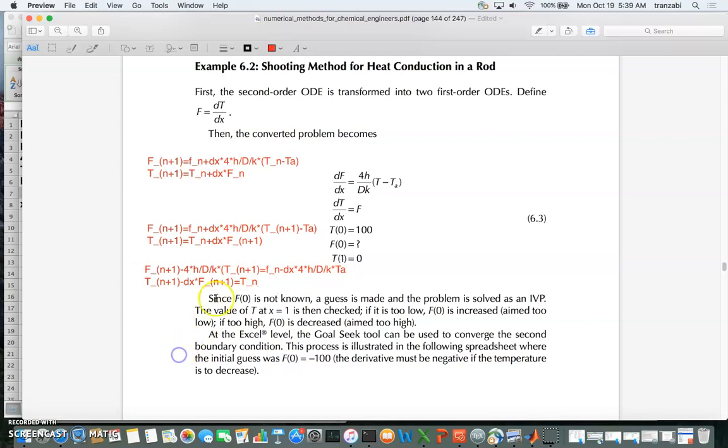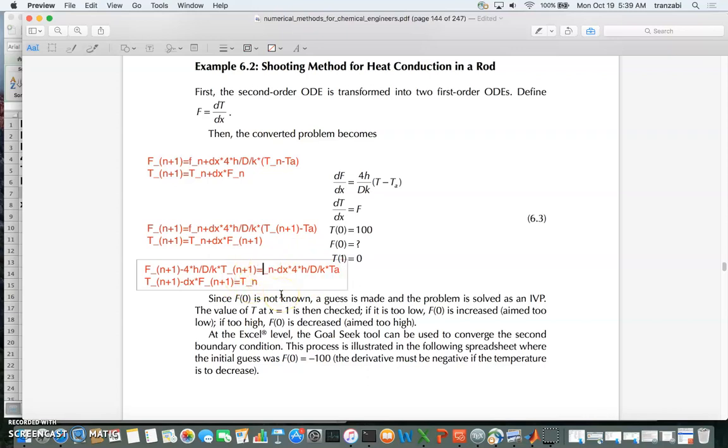Okay, so see that I have two equations, two unknowns, fn plus 1, tn plus 1 in the first equation, and then tn plus 1, fn plus 1 in the second equation. You can solve for fn plus 1 and tn plus 1 in terms of ta, problem constants, fn, and tn.